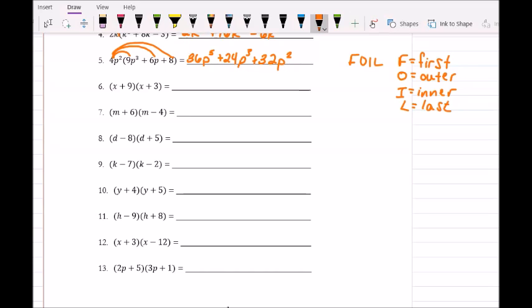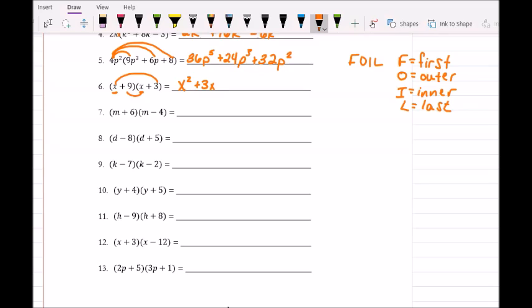So what does all of that mean? First would mean the first term in each binomial, which is the x and the x. So if you multiply that, you get x squared. Outer means the two on the outsides. So the x times the 3 is 3x. Inner is the two on the inner part.